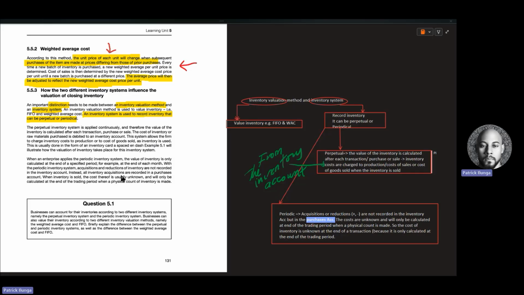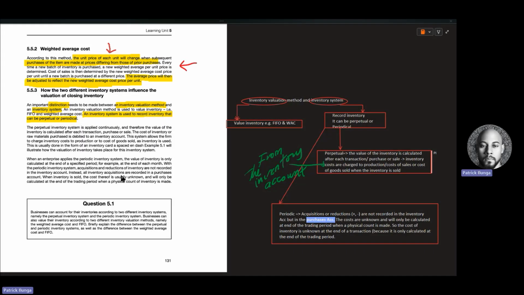There is the perpetual inventory system, and again, no mystery to it: it is perpetual, meaning at all times. If you remember your introductory Learning Unit 1, we did touch on these inventory systems, but each chapter delves deeper into some of these notions.